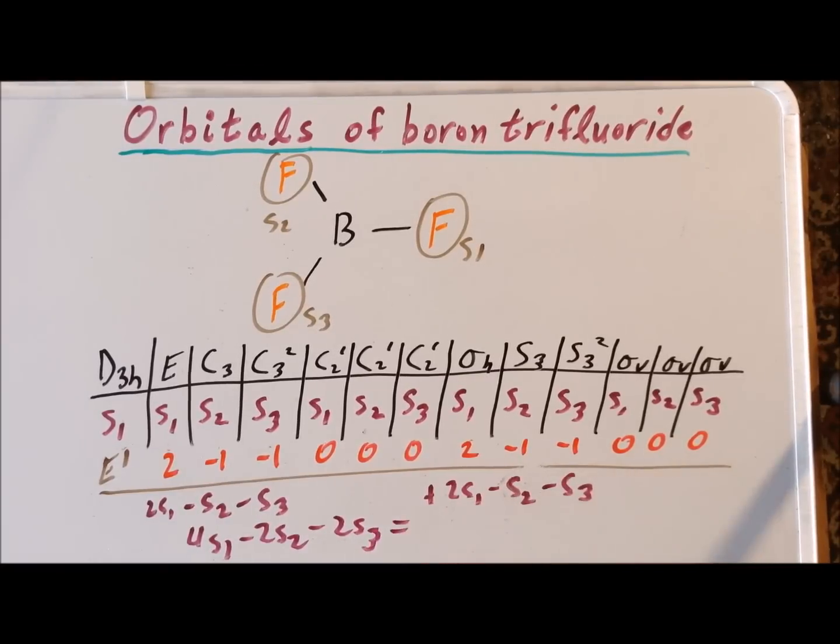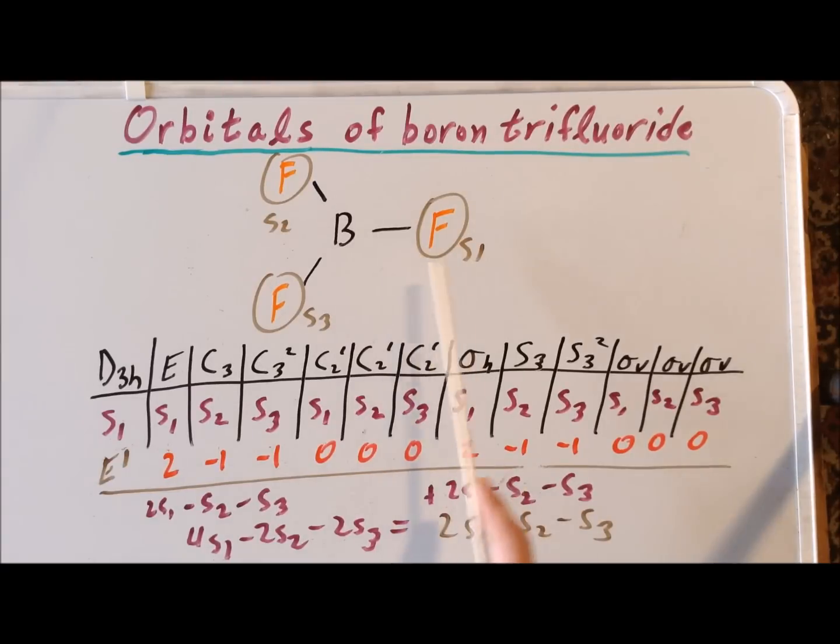And again, we use the principle that a solution to the Schrodinger equation, if we divide through by a non-zero constant, will also give us a solution to the Schrodinger equation. So in reduced form, we have 2S1 minus S2 minus S3. So a way to interpret what this orbital looks like is the S1 orbital has twice the magnitude of the coefficient, so it's going to be twice as big.